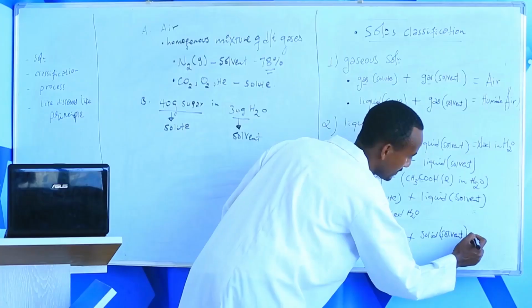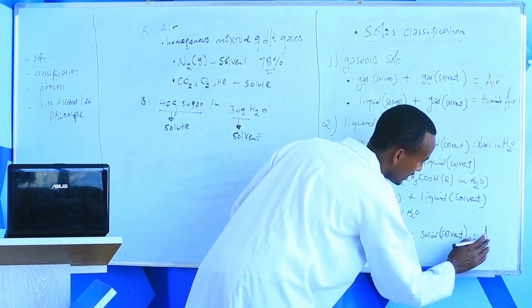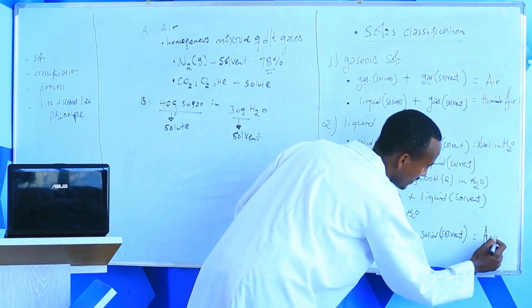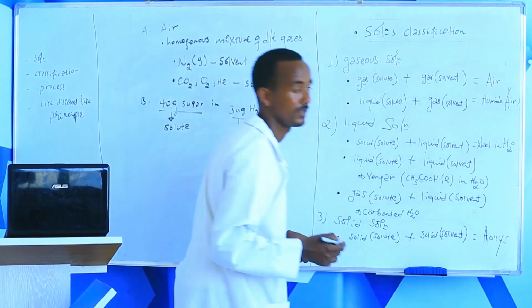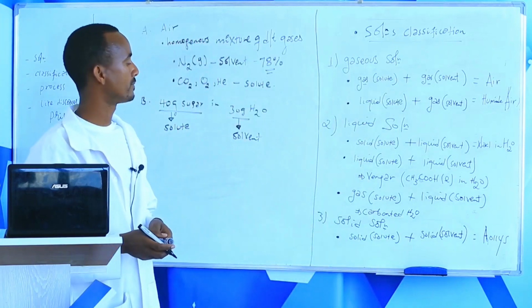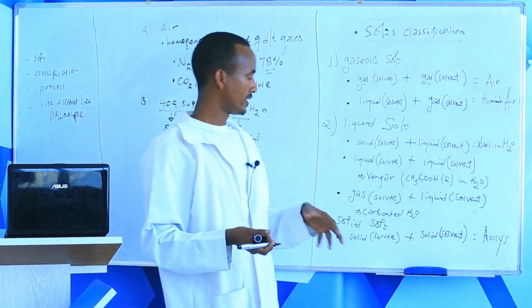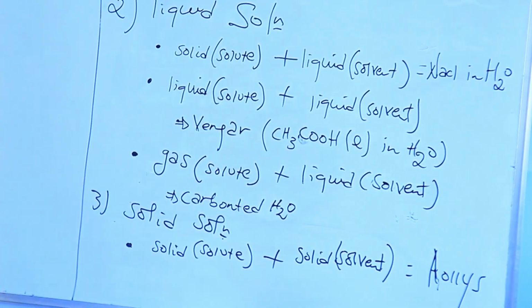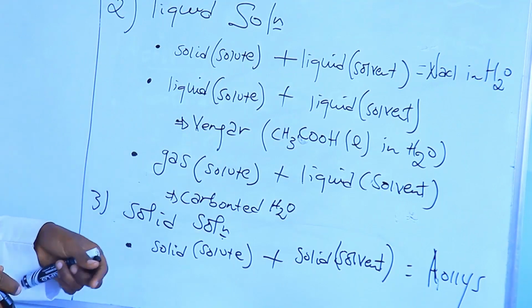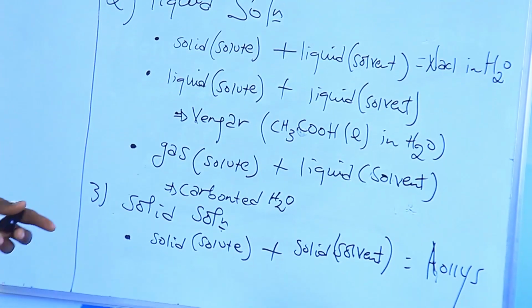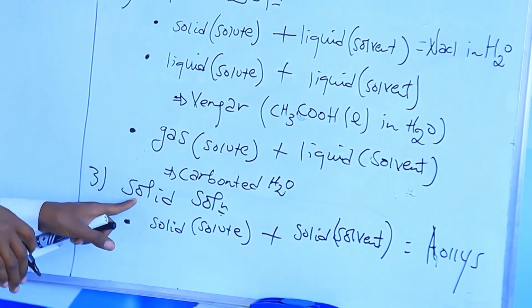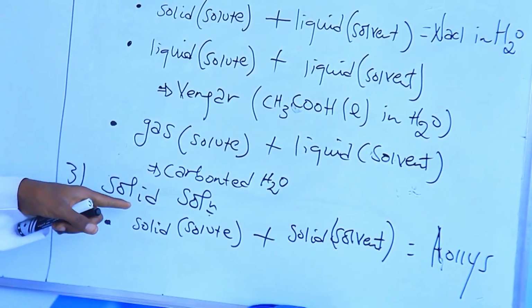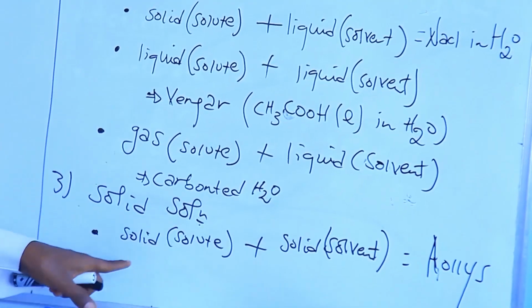For example, a typical example for this solution is alloys. Alloys can be prepared by mixing two solids together. So the final result is a homogeneous mixture, or a solution. So the solution appears in the form of solid.